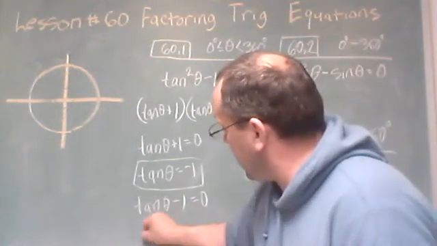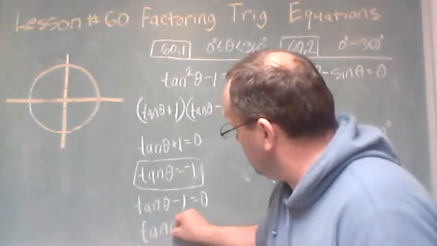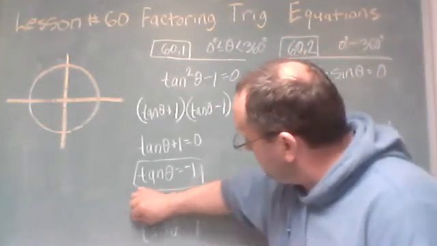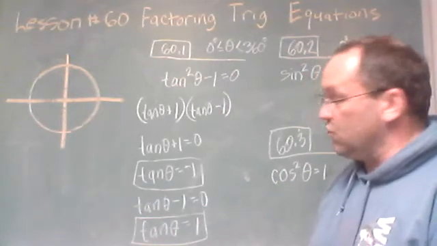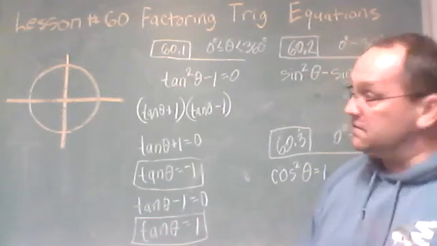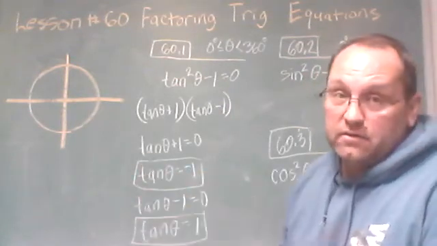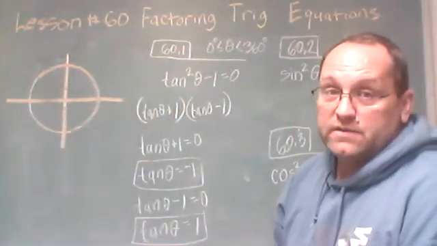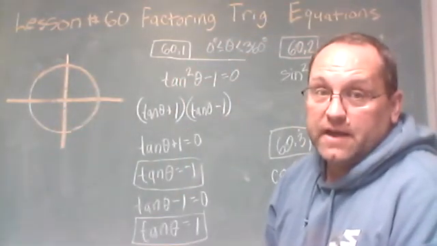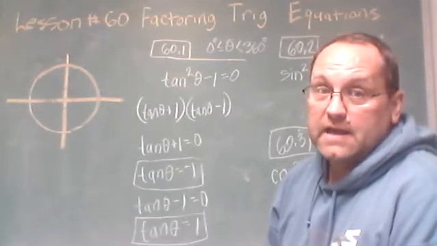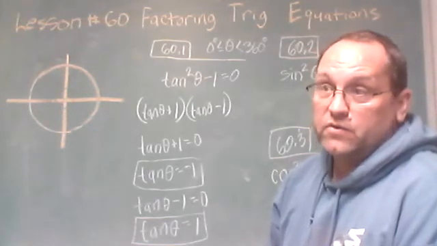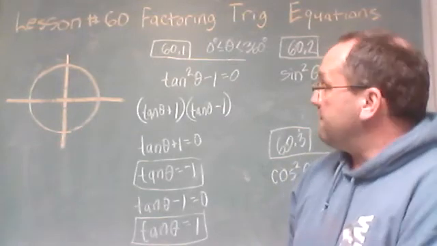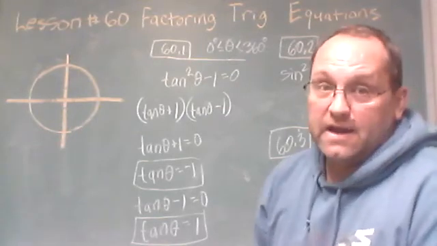That means the tangent of theta can be a plus 1 as a possible solution. Okay, so on our reference circle, when is the opposite leg over the adjacent leg equal to 1? Okay, it's when those legs are equal in length, when there's a 45, 45, 90 triangle.